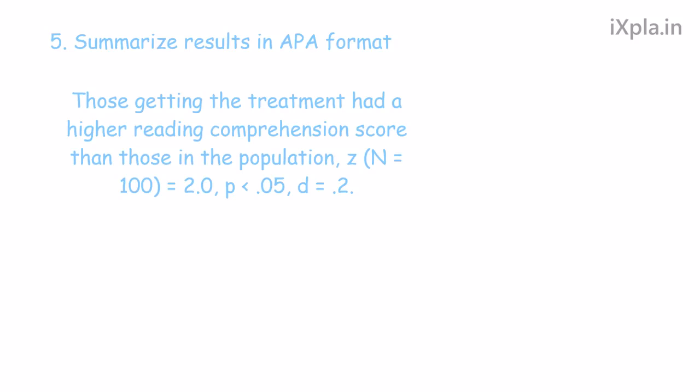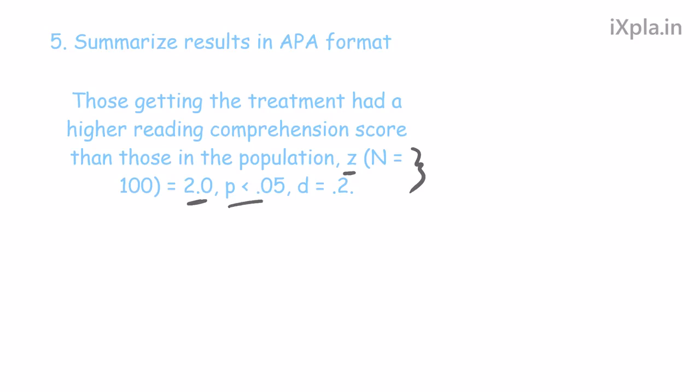And then we've got a bunch of what I call stat stuff, right? You put z because you ran a z test. You always put the sample size in parentheses when you run a z. So N was 100. Telling people that your sample size had 100 people gives them some idea of how large your study was and really how trustworthy your results were. 2 is the obtained z-score that we got.